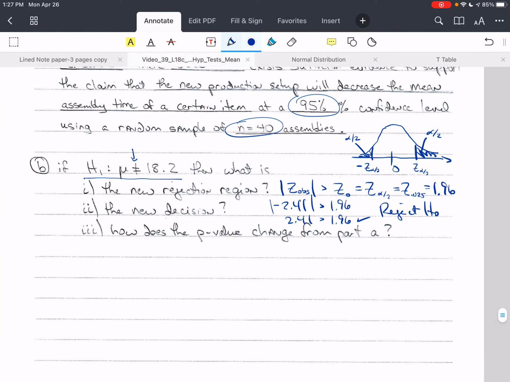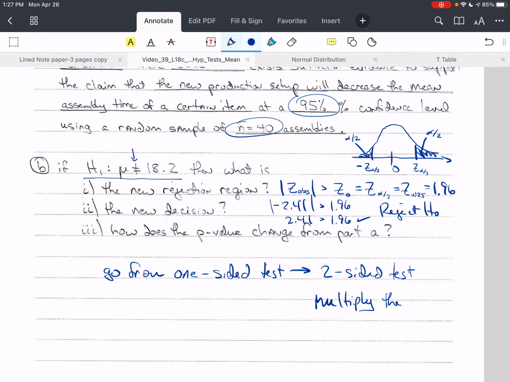So how does the p-value change from part A? So if we go from a one-sided or one-tailed test to a two-sided or two-tailed test, we need to multiply the probability, the p-value, by 2.